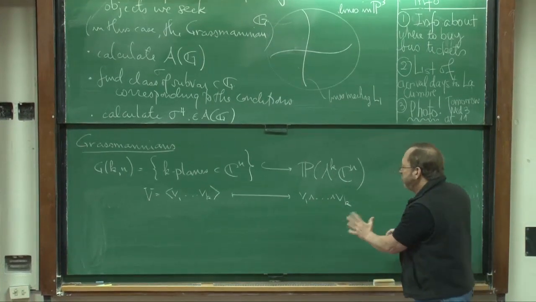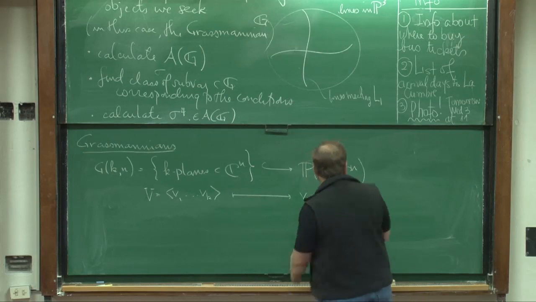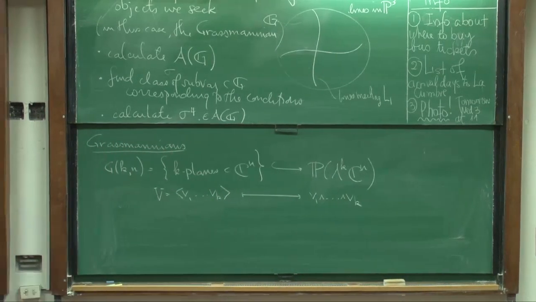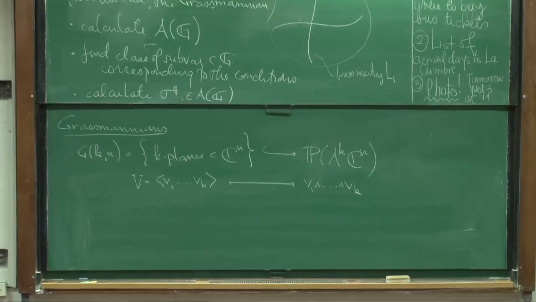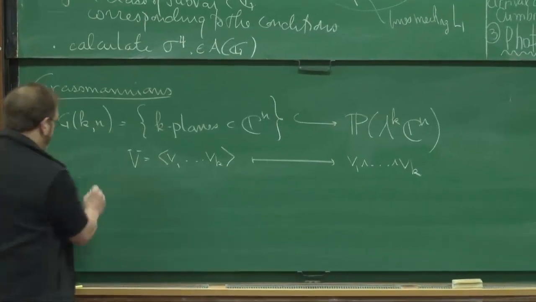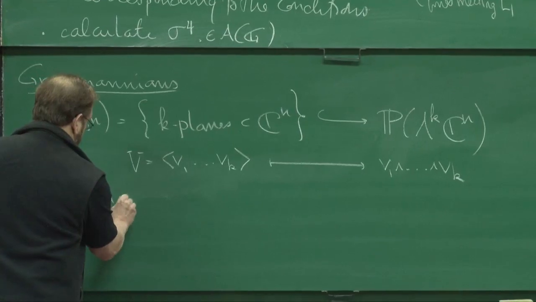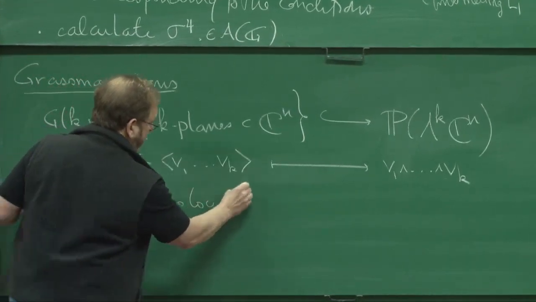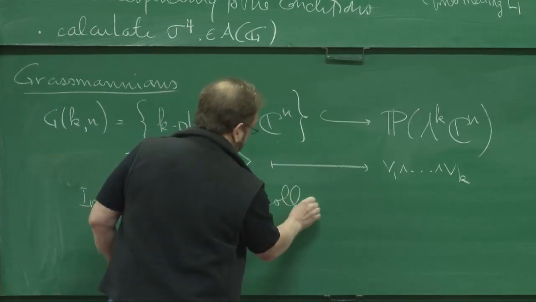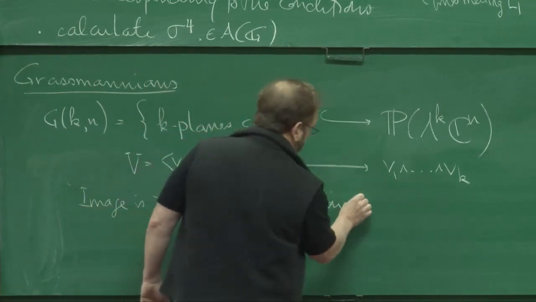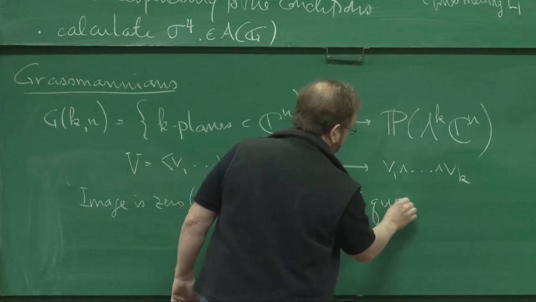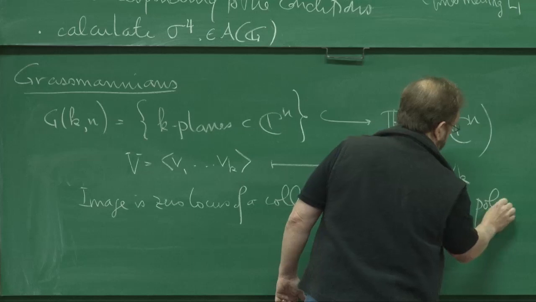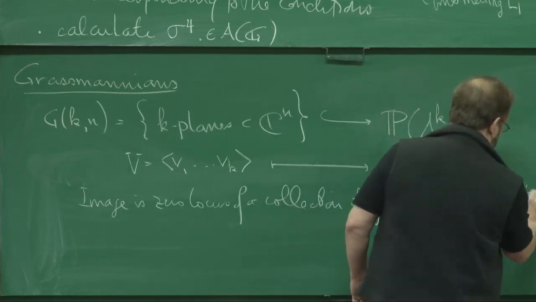So that gives me an inclusion of sets. And now I'm going to simply assert that in fact the image of this is a variety. It's the zero locus of a collection of homogeneous polynomial equations. So let me just say that. The image is the zero locus of a collection of, in fact, we can be specific, quadratic polynomials, and these are called the Plücker relations.